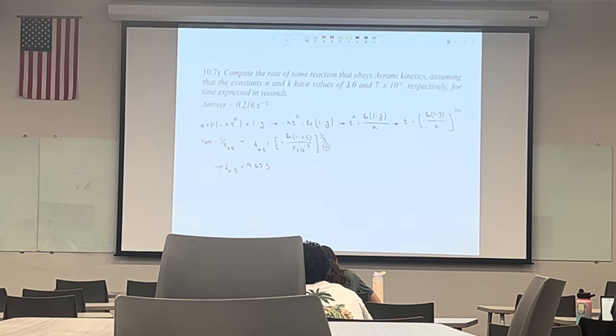So we just have to rearrange to solve for t, and that's the final form you get out of this equation. Then you just plug in all the numbers and calculate this. And to find the rate, it's just 1 over this number.